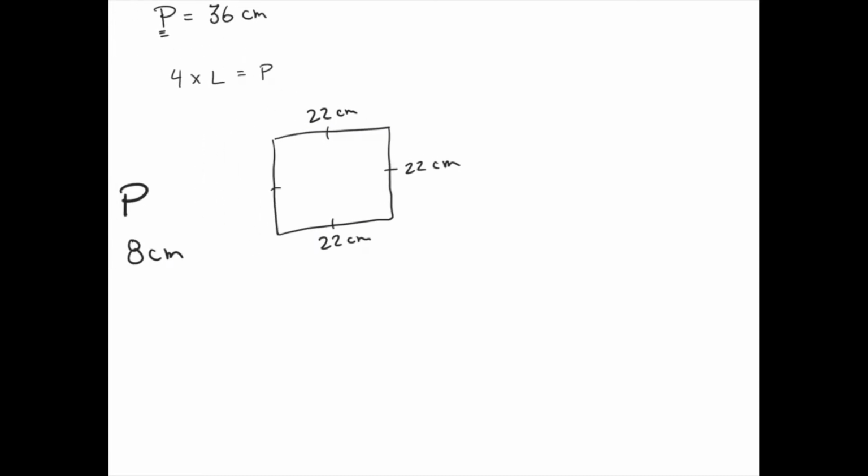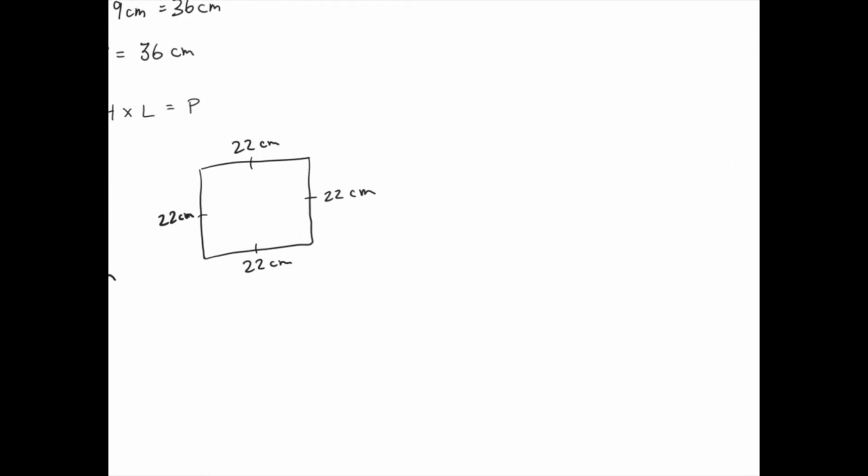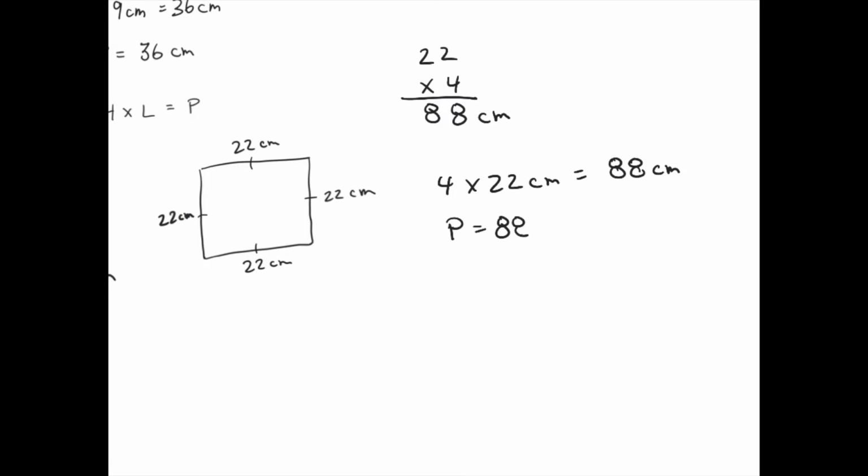So for the perimeter, I'm just adding all four sides, the distance around the outside of the shape. So it's 4 times 22 centimeters equals, and if you need to rewrite it, we can do it this way, 88 centimeters. So the perimeter is equal to 88 centimeters.